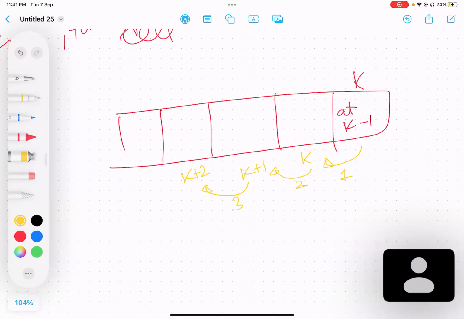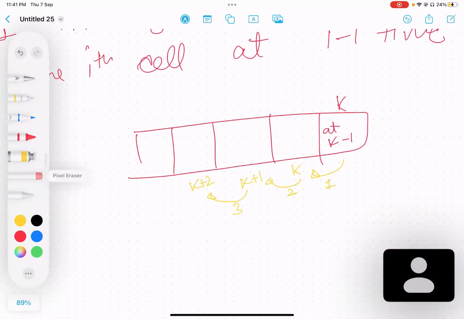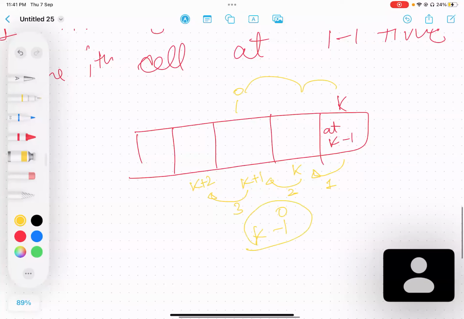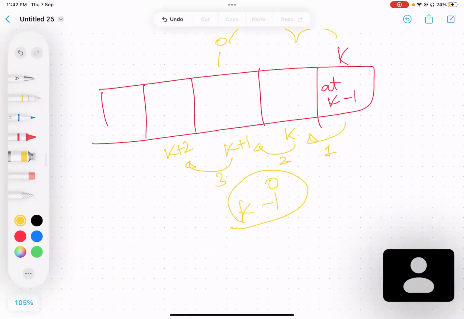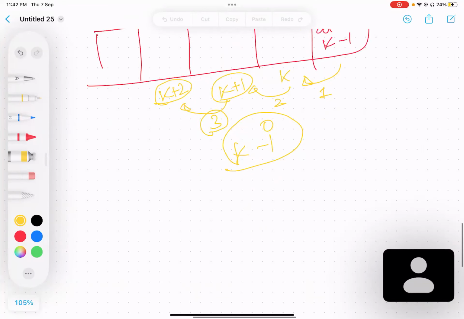So what would be the distance? Let's say this is index i. So this distance would actually be k minus i, right? And if we see this formula, the cell at distance 2 is reaching at k plus 1 time, the cell at distance 3 is reaching at k plus 2 time. So similarly, the cell at ith index, or k minus i distance, will reach at k plus (k minus i) minus 1.